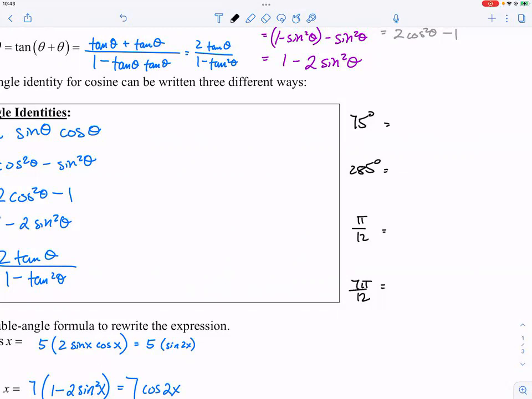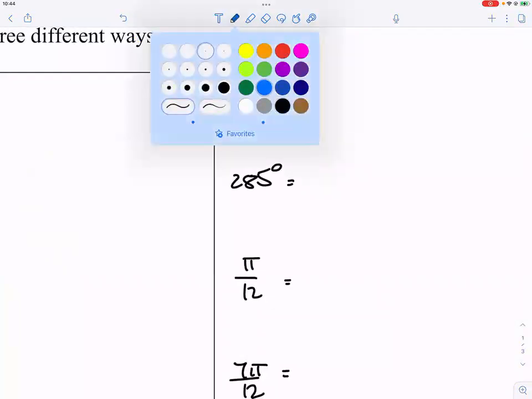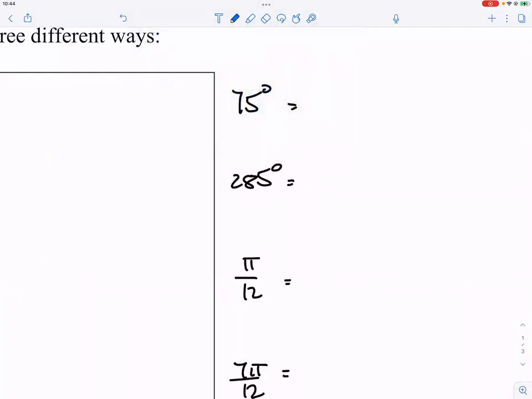Okay, so 75 degrees would be, 285 degrees would be, all right, for 75 degrees, we should think about this as 30 degrees plus 45 degrees, which would be a very good one.